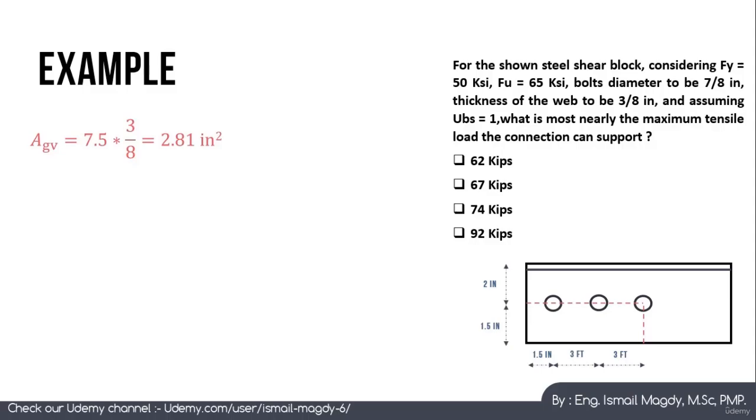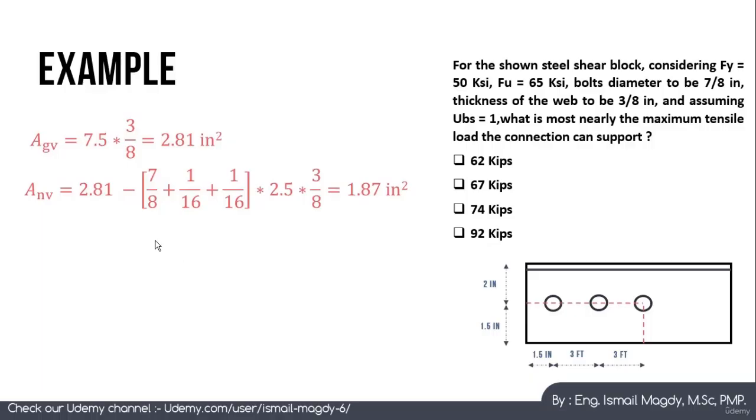The gross area for shear is going to be this length multiplied by the thickness, and this length is 1.5 plus 3 plus 3, so it is 7.5, multiplied by the thickness, which is 3/8, so it is going to be 2.81 square inches. After that, we calculate the net area for shear, which is going to be 2.81, the gross area, minus the area for the bolts.